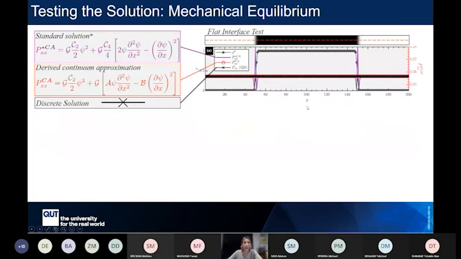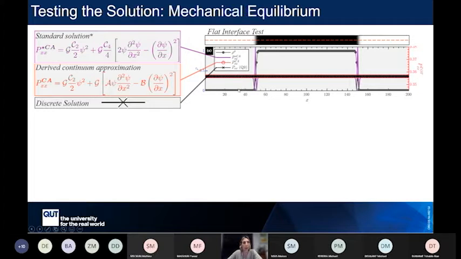So that's the validation, testing the solution that we have. We are looking at a flat interface where we have a component on both sides of a different component, the black region, and we look at the center line, the dashed line here. We looked at the pressure, which should be kept constant, and the density, which changes between the two different fluid components.